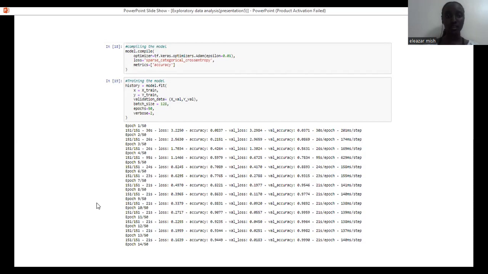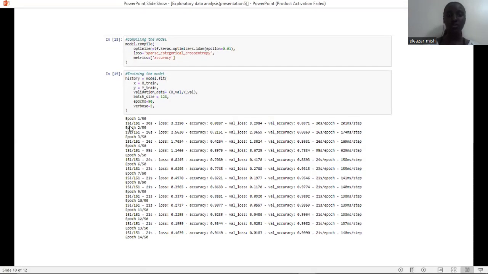I'm compiling the model, the loss, the optimizer. Then here I'm just training the model, the history, the X and the Y train. This is all the output for training the data.